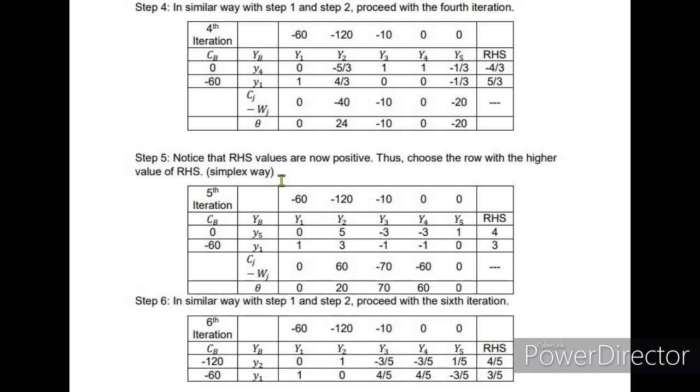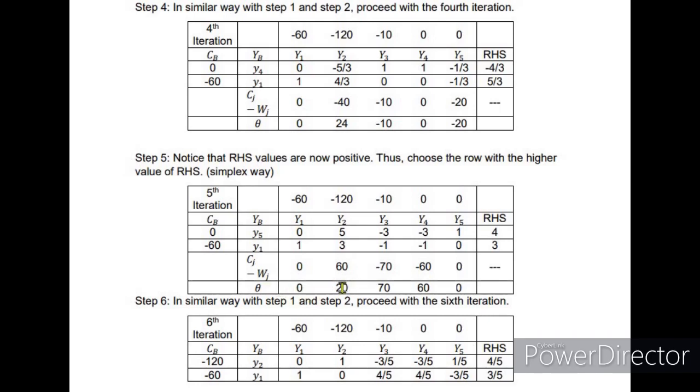Now notice that the RHS values are positive now, 4 and 3. Thus, choose the row with the higher value of RHS, meaning we are now doing the simplex way because we have positive values already. By doing the simplex way, we choose the higher value, which is 4. Also in the simplex way, we choose the theta with the lowest positive value.